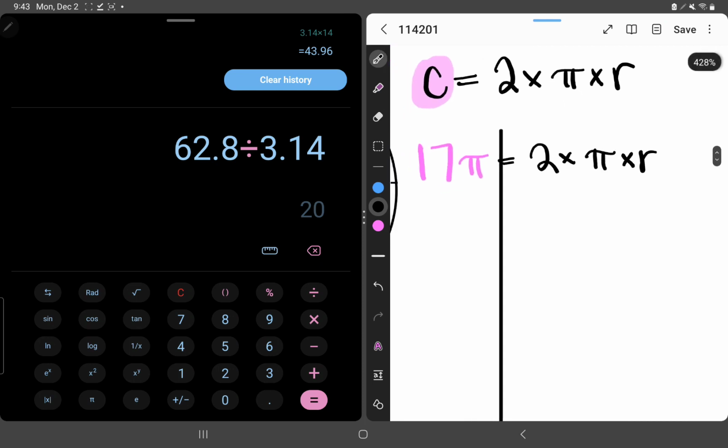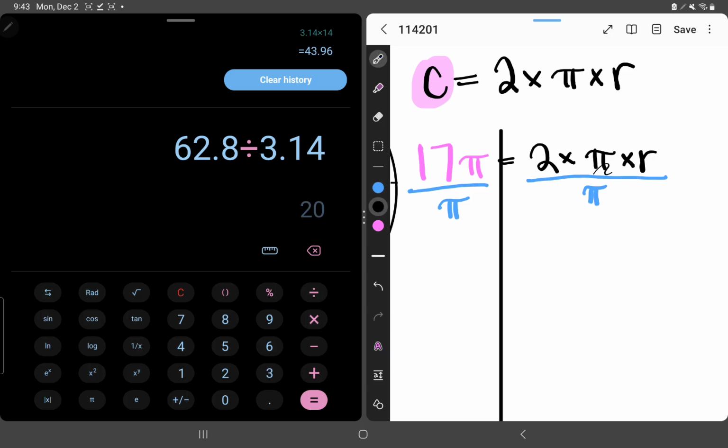To get radius by itself, we have to undo the multiplication. That pi looks really gross to me. So I am going to first undo the multiplication by dividing by pi. It's the first thing I'm going to do. So I undid the multiplication with division. I divided both sides by pi.